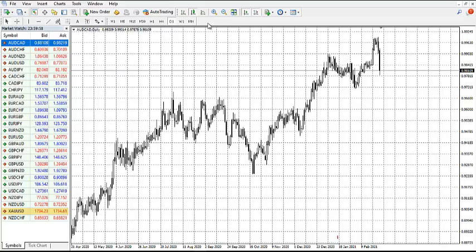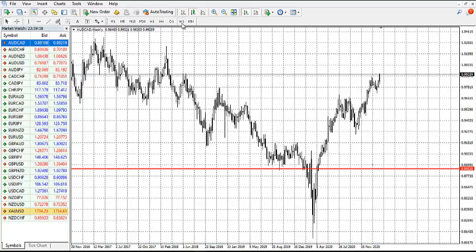Sometimes you can check your weekly chart. It gives you more details to tell you, is the market near reverse?